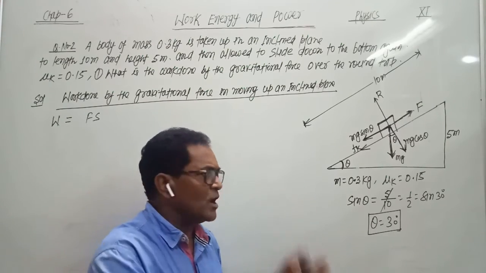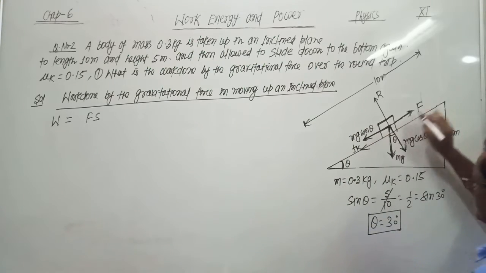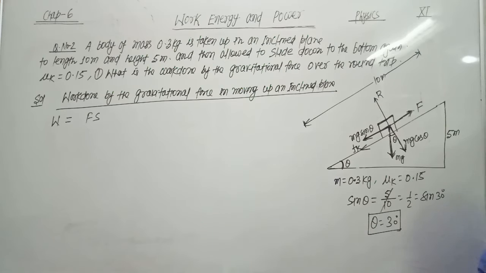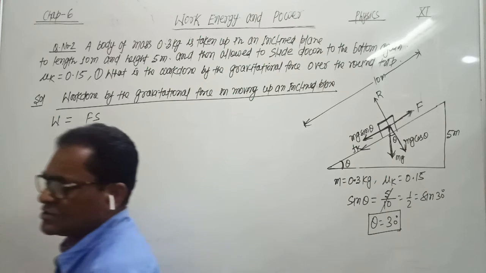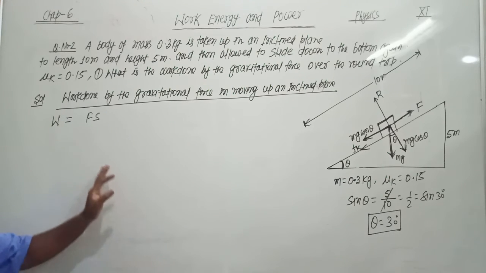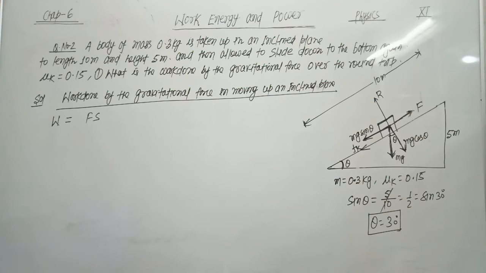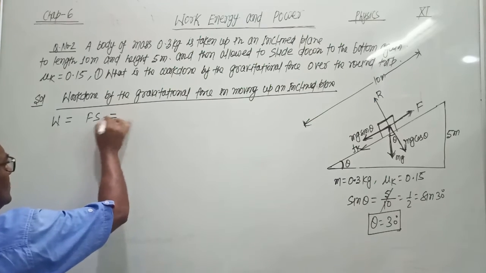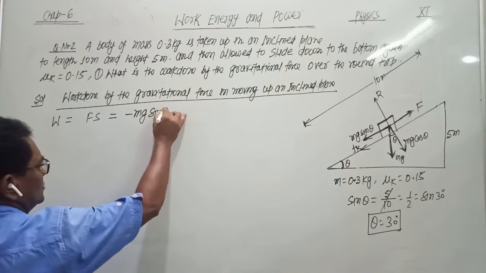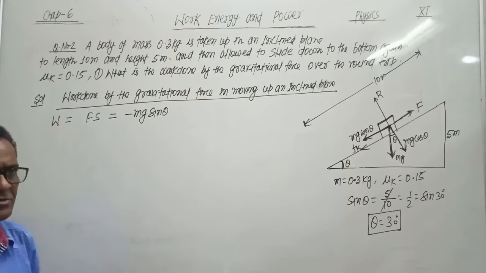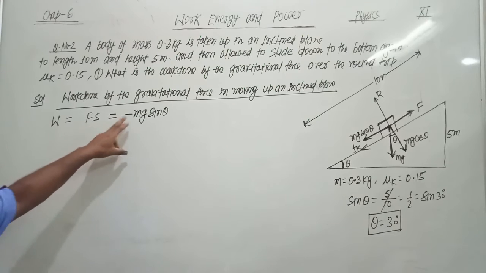If the body is going up, then the direction of displacement is upward and the force acts downward. So the angle between force and displacement is 180 degree, and work done W equals Fs cos 180 degree, and cos 180 degree equals -1. So W equals Fs, where F equals mg sin theta, and the minus sign comes because the angle between force and displacement is 180 degree.